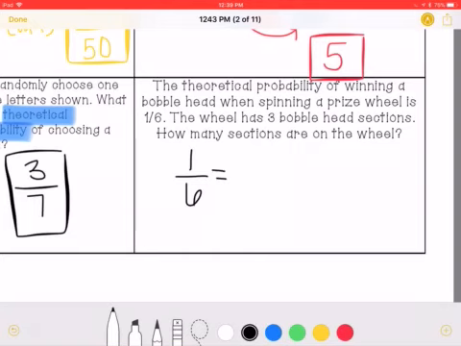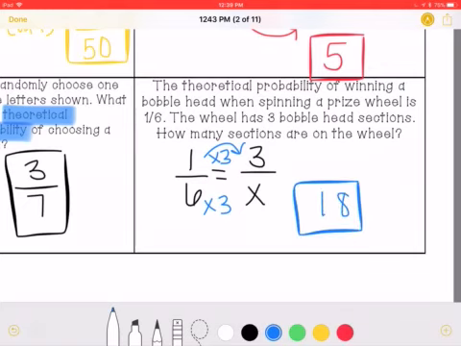So if there's 3, I want to know how many total spots there are. So now we're just going to set up and solve this proportion. I know that 1 times 3 gives me 3. So what's 6 times 3? That means there are 18 sections on this prize wheel.